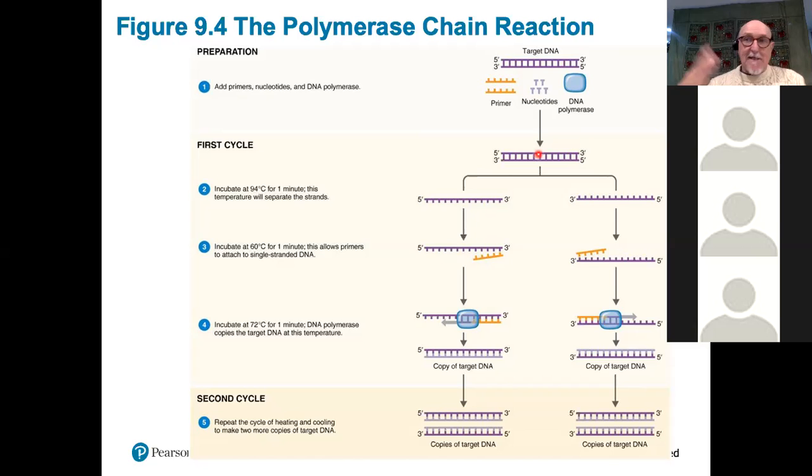Just as in normal replication and everything in the cell, the energy for building the nucleic acid strand is derived from those 3 phosphate groups. 2 of them are broken off, 1 is left to make the bond, and the energy is used to forge that bond. Are you all right? Is everybody with me so far?